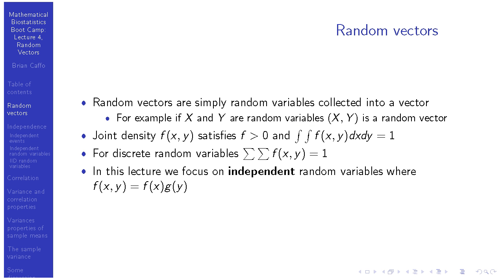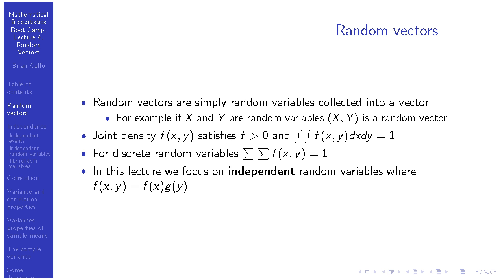So the z direction has to be greater than 0, and the integral over the xy plane has to be 1. So it's a direct extension of the ordinary one-dimensional probability density function. And I think from this definition, you should probably be able to guess what the definition of a joint density is for n random variables.